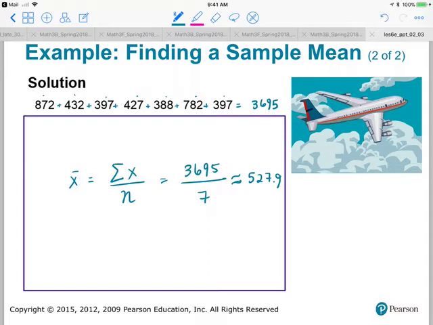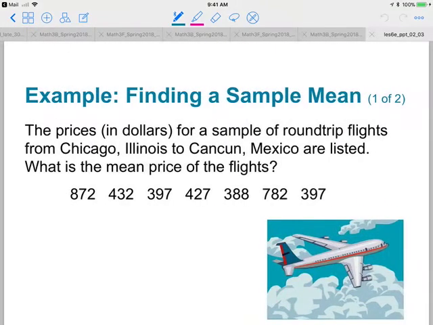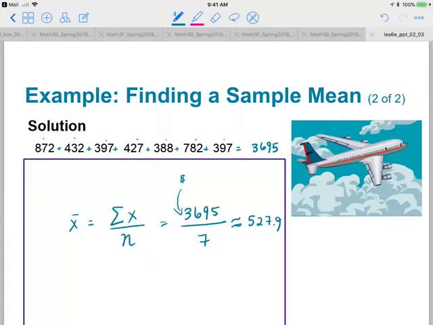The last thing we want to do is put units on. So remember the units up top, dollars, because the prices in dollars for a sample of round-trip flights is listed below. So if we add up a bunch of dollars, we're going to get dollars, right? Dollars divided by just a number is going to give us the unit of dollar.